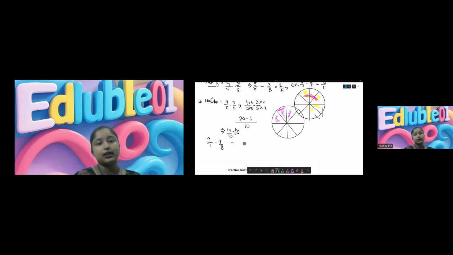So 9 over 7 will become 7 times 8 in the denominator, right? And on the top, it will be 9 times 8, right? And this one would be 4 times 7 over 8 times 7, right?